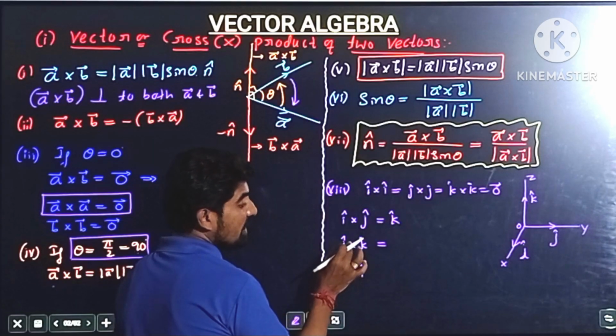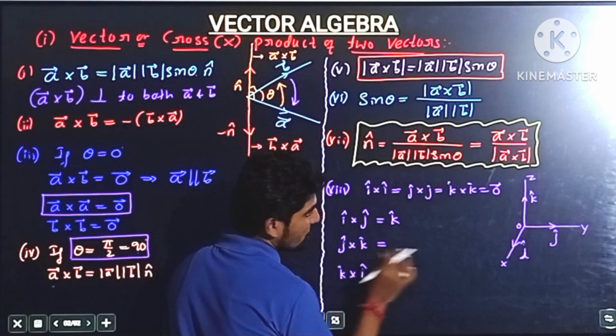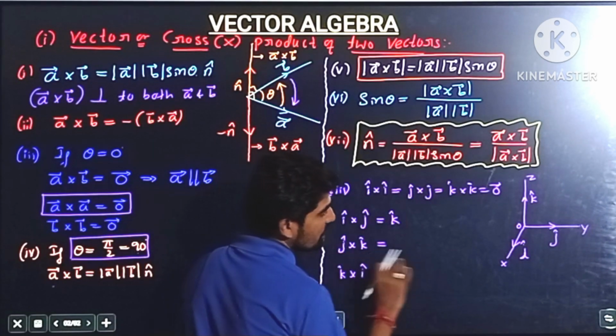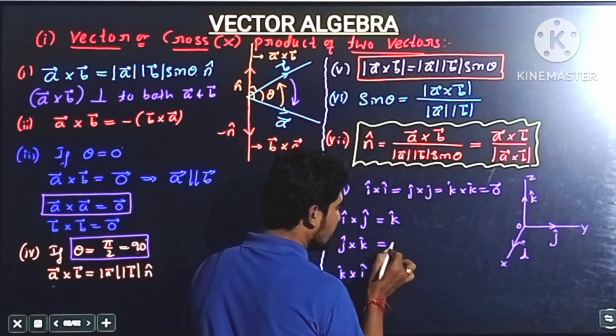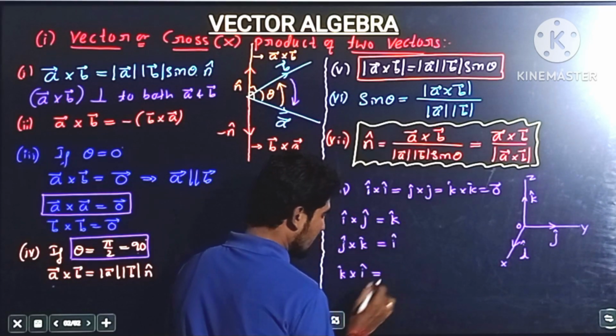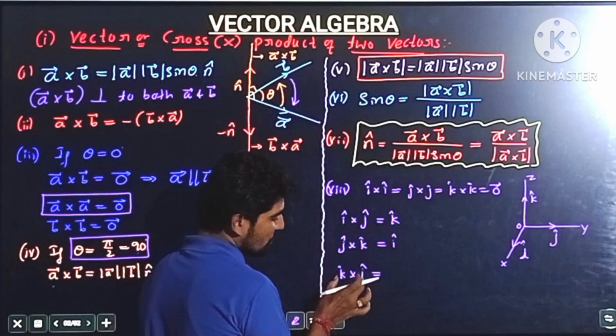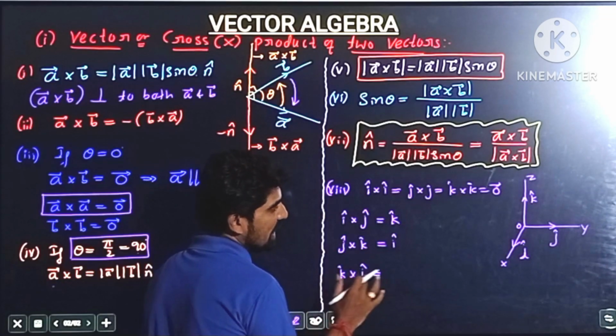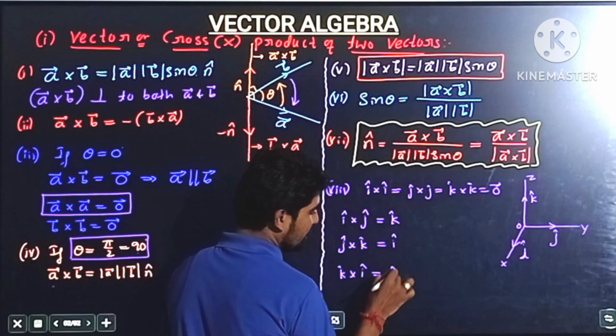Similarly, j cap cross k cap is equal to the unit vector perpendicular to both j and k, that is i cap. And similarly, k cross i is equal to the unit vector perpendicular to both k and i, that is j cap.